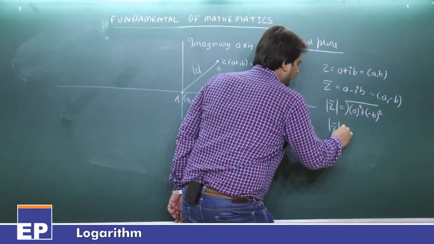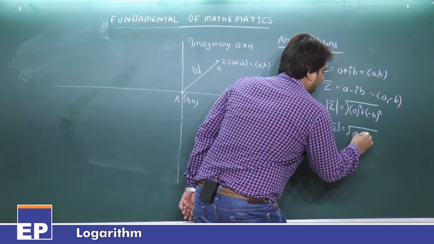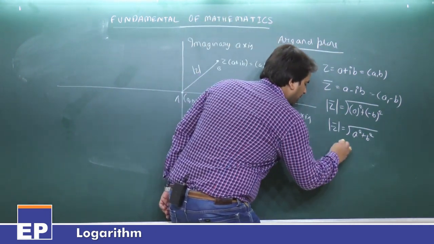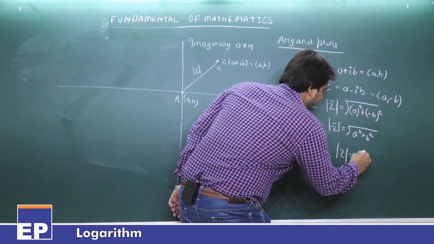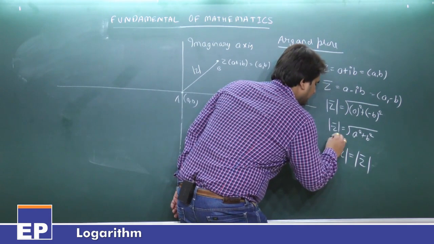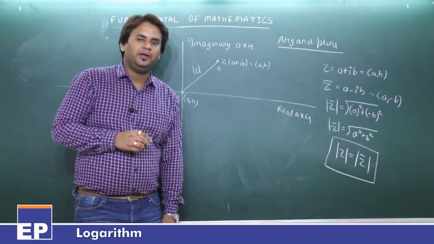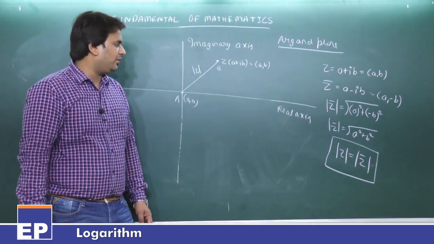So the modulus of z bar comes out to be the square root of a square plus b square. So you can see that the modulus of z is equal to the modulus of z bar. This is an important property that you have to remember. If you calculate the modulus of z or the modulus of z bar, it will be the same.